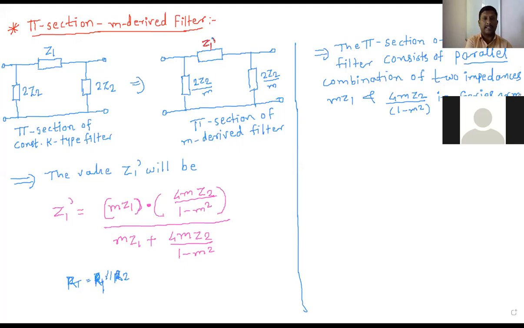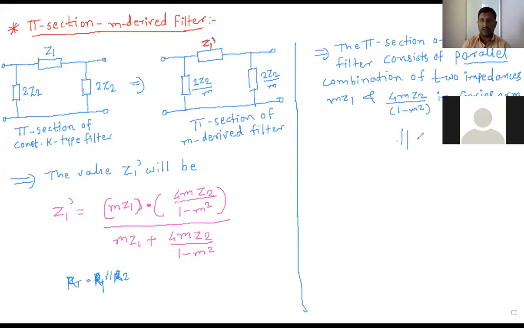Because Z1 dash is in the series arm. So Z1 dash is equal to two impedances MZ1 and 4mZ2 by 1 minus m square. These two impedances are connected in parallel with each other.